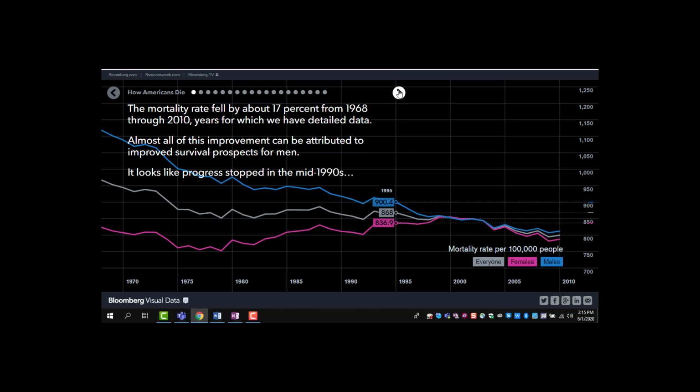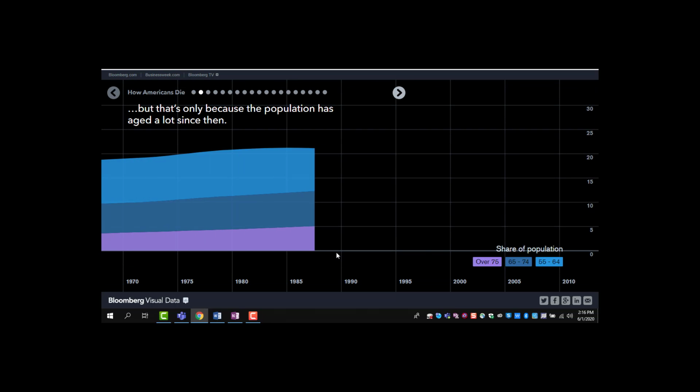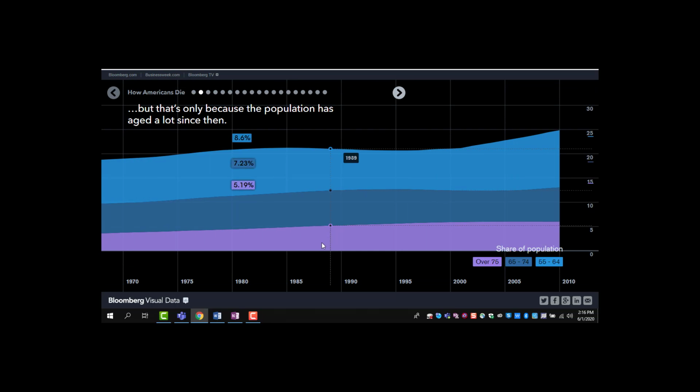Well, let's go to the next slide. And this explains it. The bottom line, the lighter blue here, the grayish blue, is people over 75, and they've been increasing. They were 3.75% of the population in 1970, and they're 6% of the population in 2010. And it's the same for the 66 to 74 and the 55 to 64 age groups.